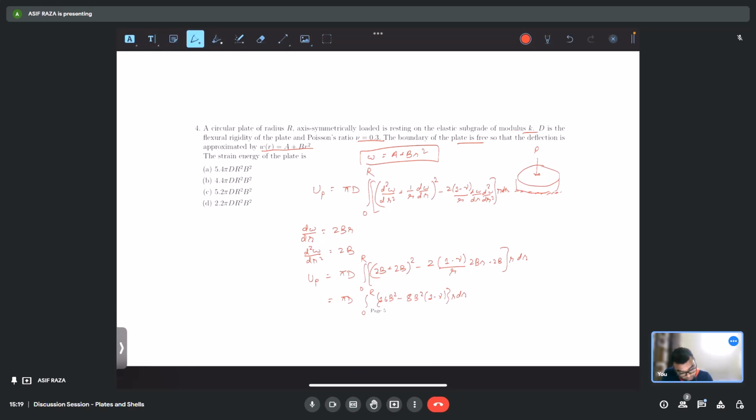That means this would be equal to pi D times 16b square minus 8b square, 1 plus nu, and r dr would be r square by 2.